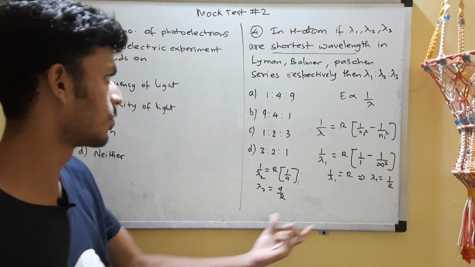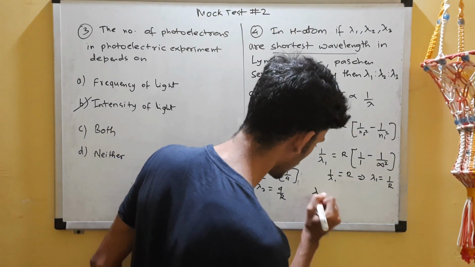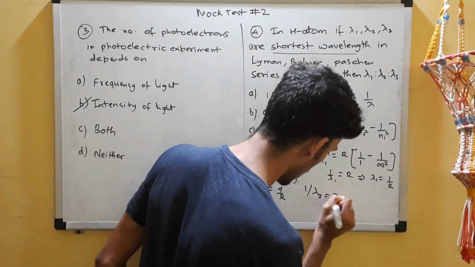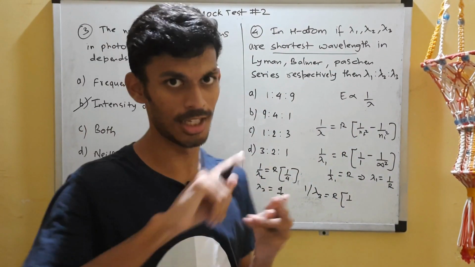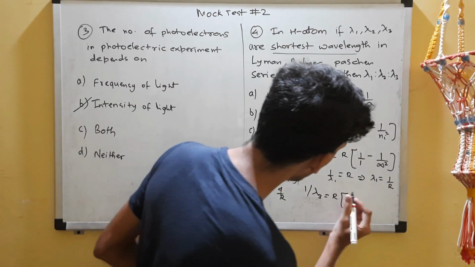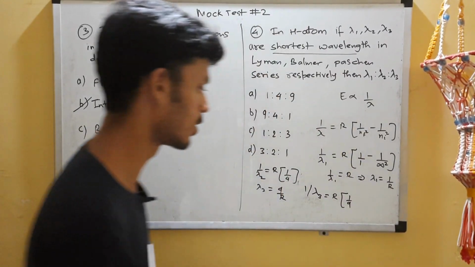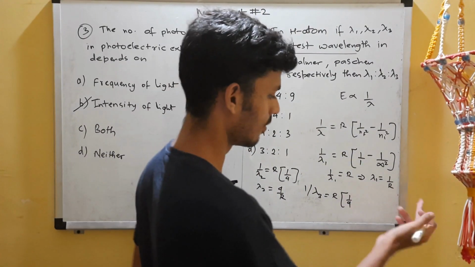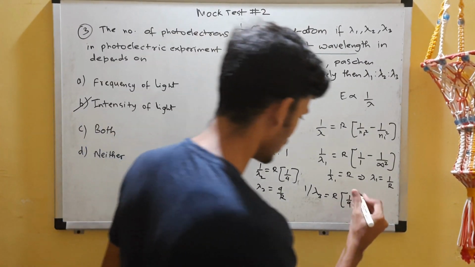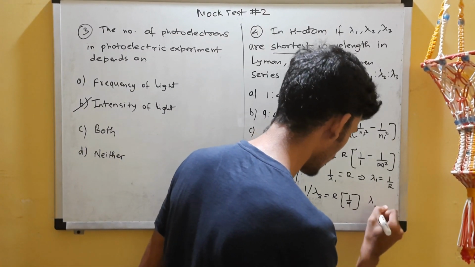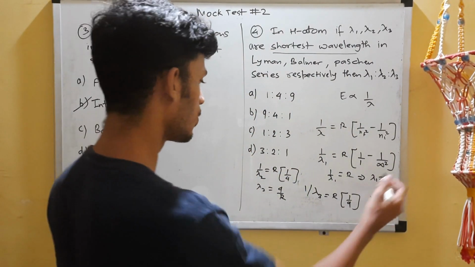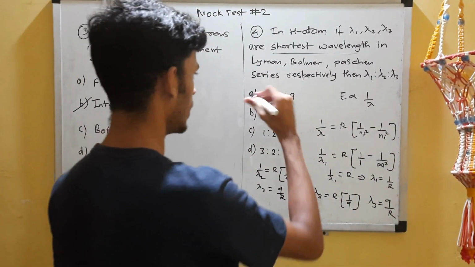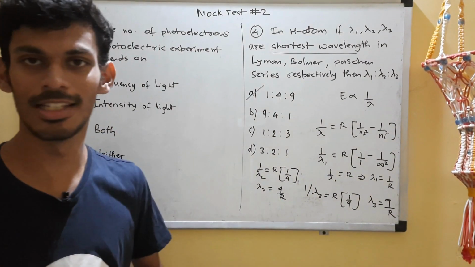So 1 is to 4 is to 9. Next is 9, yes, of course. So 1 upon lambda 3 is R, with n final square for Lyman, Balmer, Paschen. Yes, 3. So n final square is 9, and again infinity square is 0. So lambda 3 is 9 by R. So 1 is to 4 is to 9. Option A is the correct choice over here.